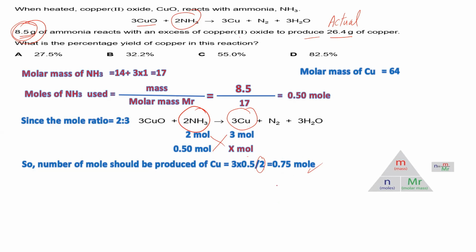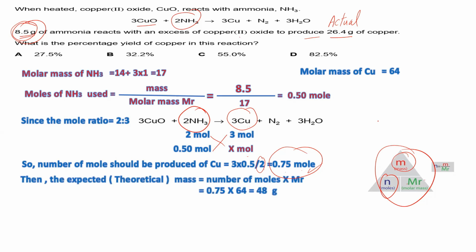Now, to change this number of moles of copper into mass in gram, from this triangle, number of moles times MR gives the predicted mass according to the equation. So the expected theoretical mass equals number of moles 0.75 times MR, here 64, so this equals 48 gram.